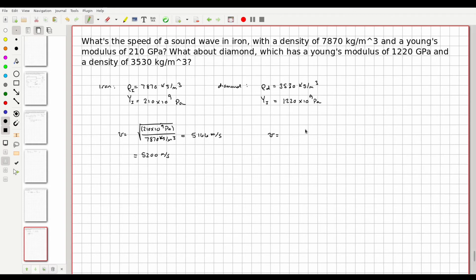Diamond, on the other hand, is related to some of the hardest materials that we have here on Earth, actually, not densest. 1,220 times 10 to the ninth pascals divided by 3,530 kilograms per cubic meter. So if I do that, let's see.